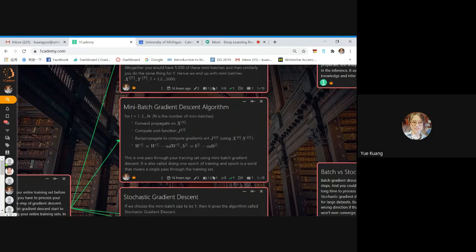And next, you update the parameters with the mini batch gradient descent. So this loop is one pass through your training set using mini batch gradient descent. It is also called doing one epoch of training. And epoch is a word that means a single pass through the training set.